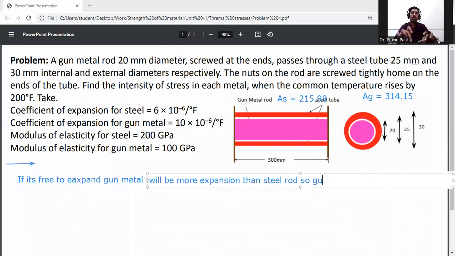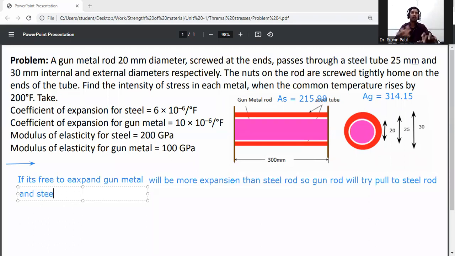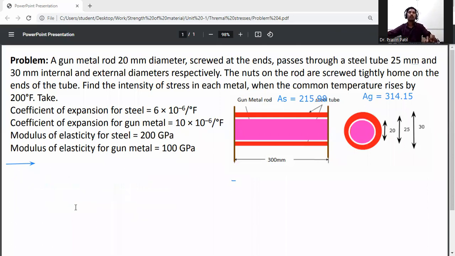So the gunmetal rod will try to pull the steel rod, and the steel rod will try to push the gunmetal.